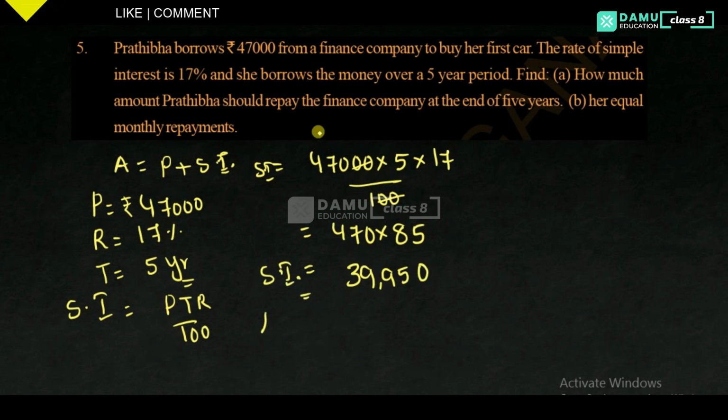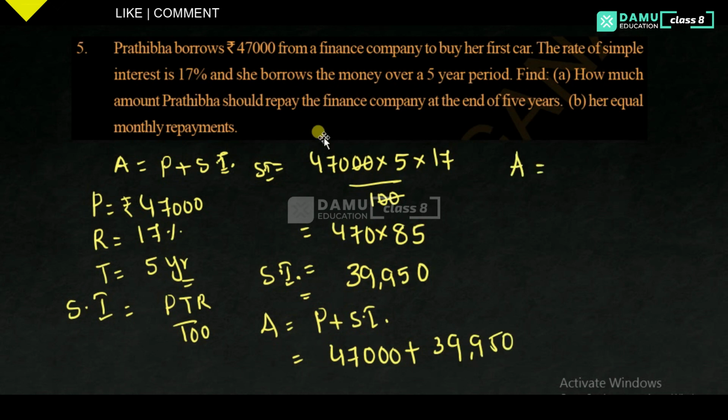Now what is the amount formula? The amount is principal plus simple interest. So principal is 47,000 rupees plus 39,950 over 5 years. That amount will be equal to 47,000 plus 39,950, that is 86,950.